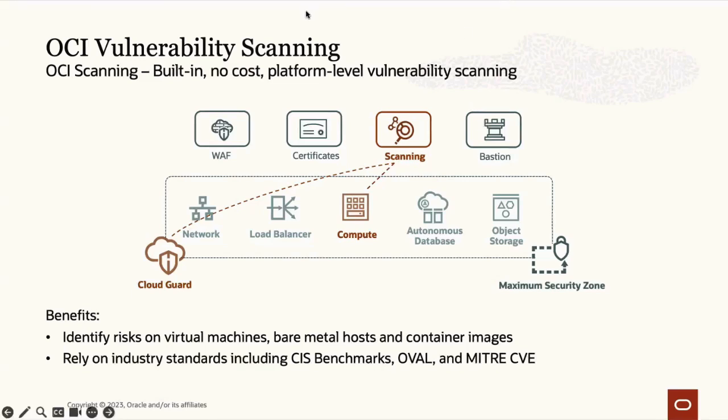Yeah, so the vulnerability scanning service utilizes 3 different types of scans. So we have host scanning, port scanning, and container image scanning. They obviously scan different things, but this is what the service utilizes when it does scan for vulnerabilities.